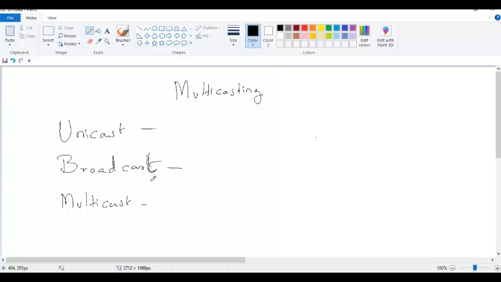Every individual computer has an address. We call it a unicast address, the host address. Every single port on a router has a unique address. Every single computer has an address. So that is a unicast address.